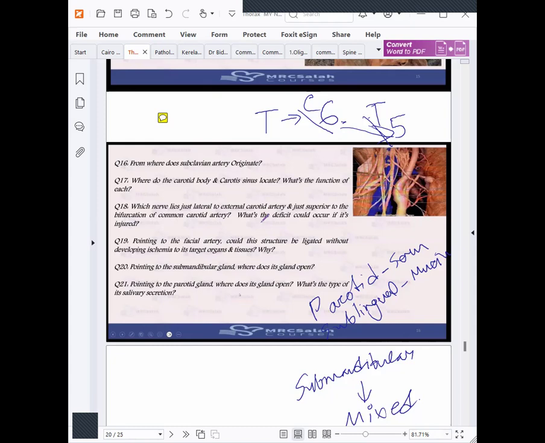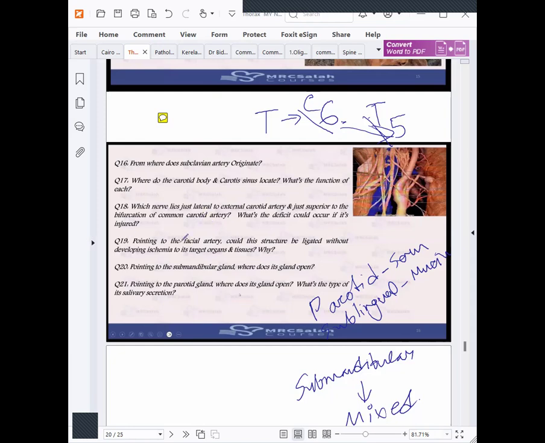If the hypoglossal nerve is injured, deviation of the tongue to the opposite side. Contralateral side. Okay. Anything else? Four in total. Once we finish, then we will discuss.